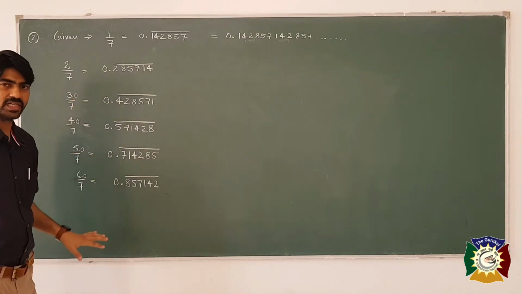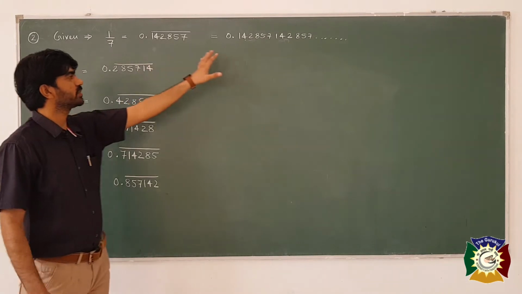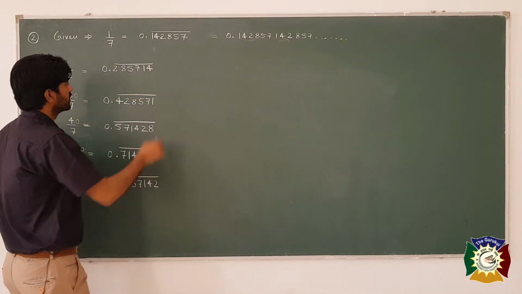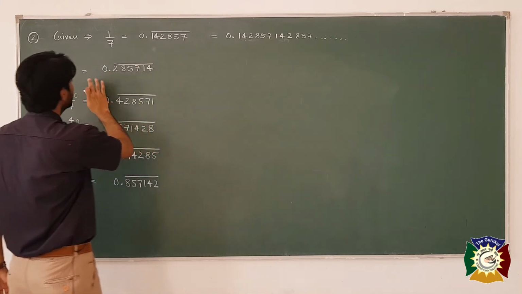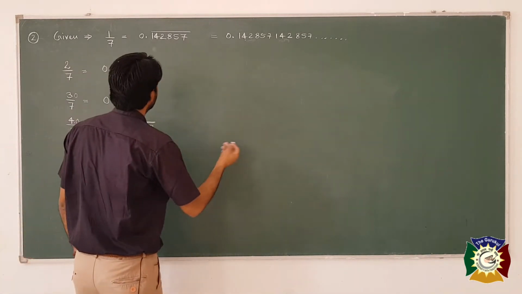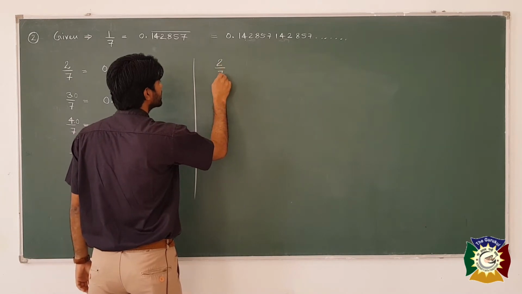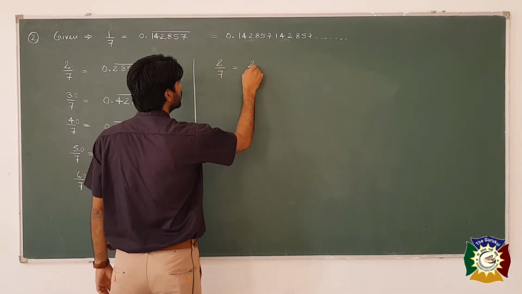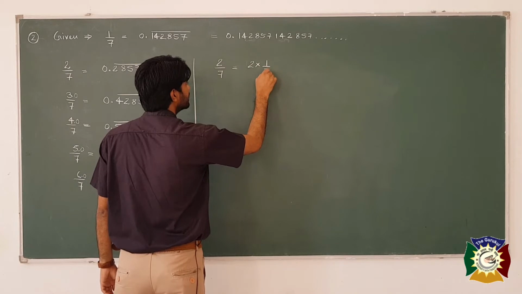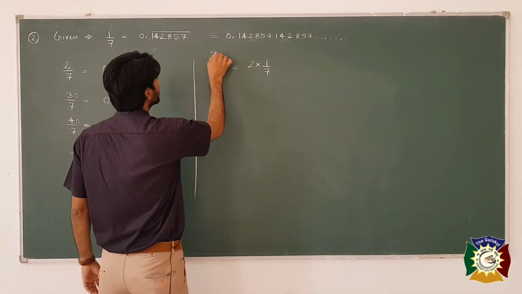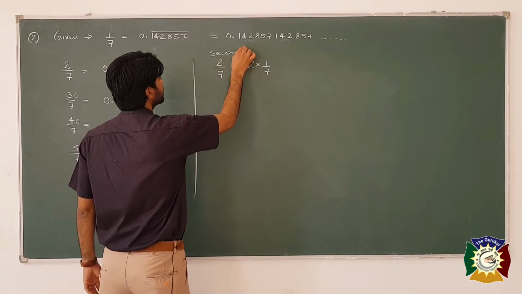This is one of the methods. We just have to look at the pattern and follow the sequence. Now in some of the books you may get 2 divided by 7 written as 2 multiplied by 1 by 7. This is the second method.